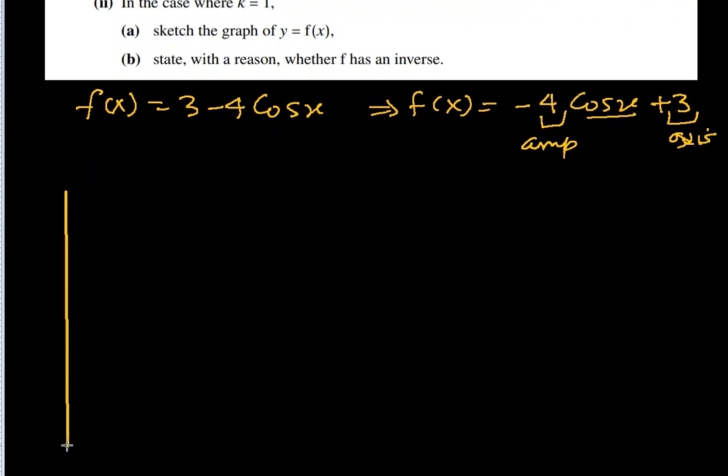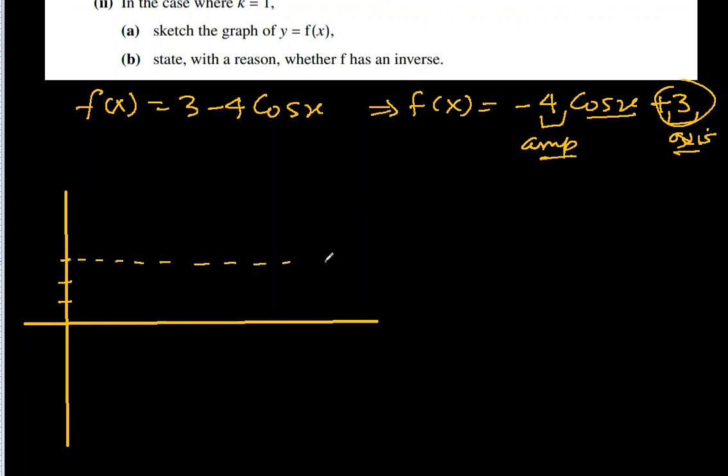First thing we should do, with the help of axis and amplitude, we should find the maximum and minimum. So since the axis is y equal to 3, 3 is axis. So 1, 2, 3. This is axis. Our graph will be above and below this axis.